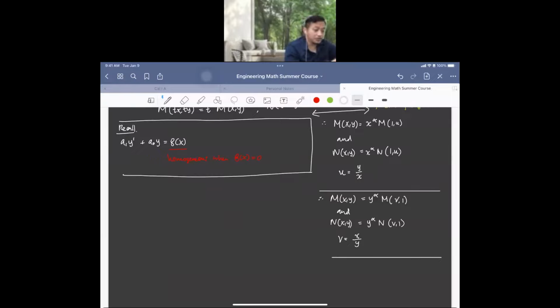So what are the implications for this homogeneous one?